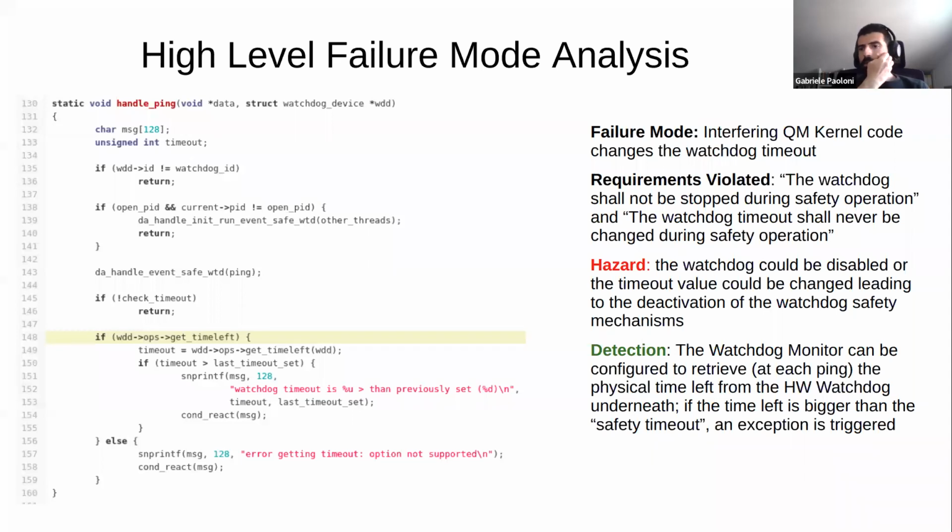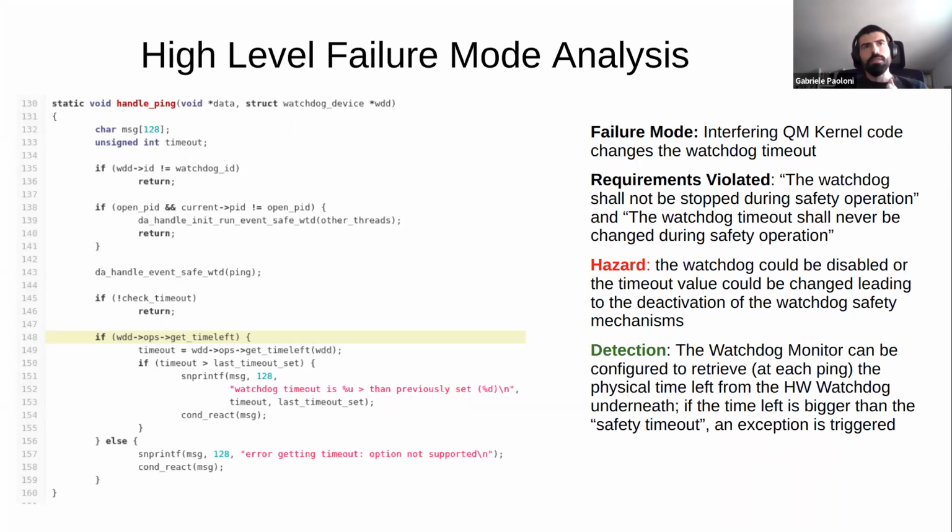And now this is an interesting failure mode. Let's say that we have a QM kernel code that for any reason is overwriting the watchdog timeout, right? This is a typical spatial corruption that could happen in the kernel address space.